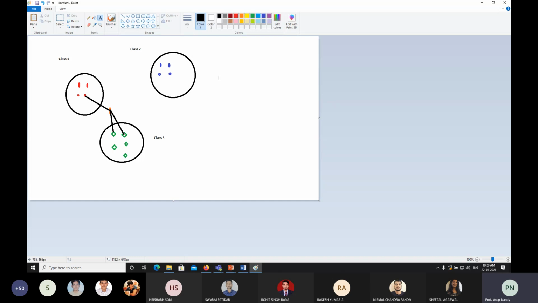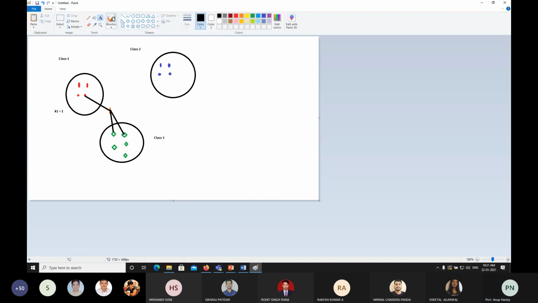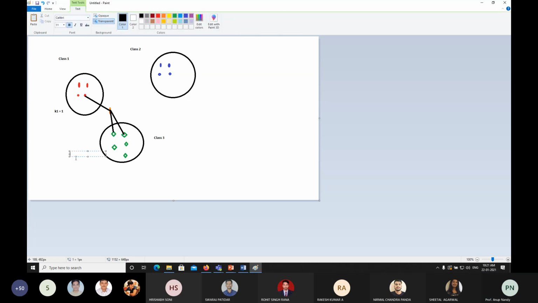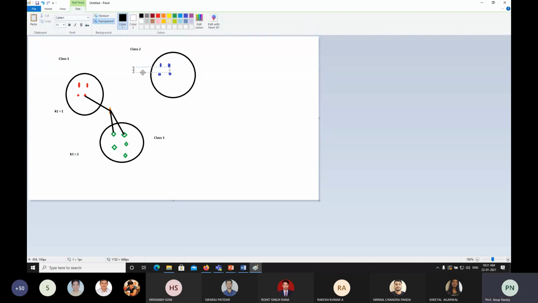So now K1 is equal to 1, K3 is equal to 2, and here K2 is equal to 0.